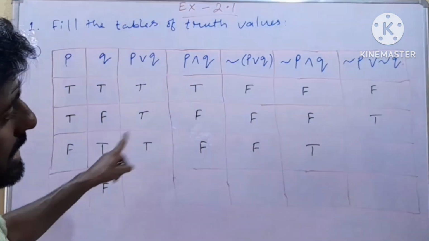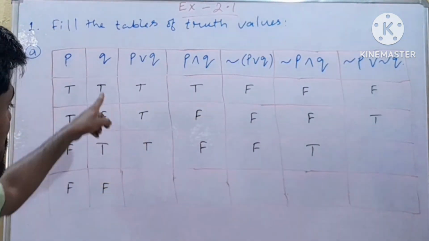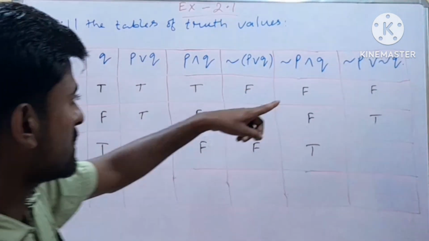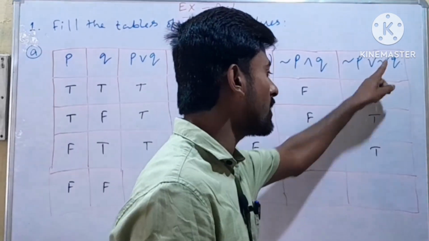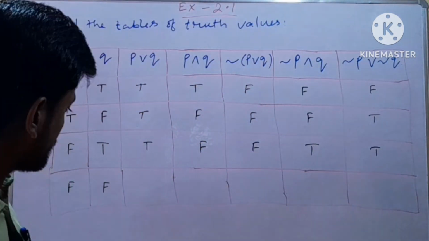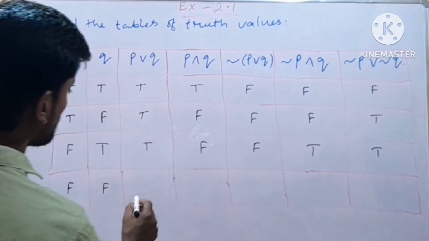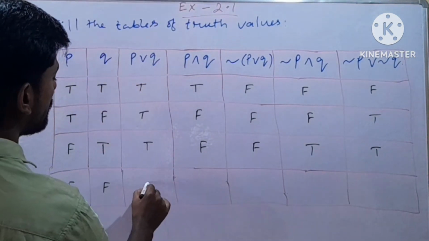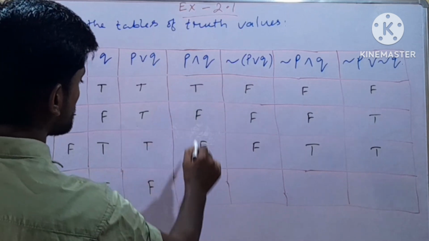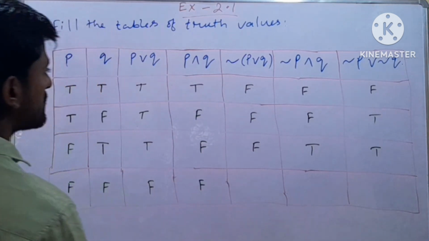Negation P is false, negation of P true, Q is true, negation of Q is false, true disjunction false will be true. P false, Q false, disjunction of P and Q will be false, conjunction of P and Q will also be false.